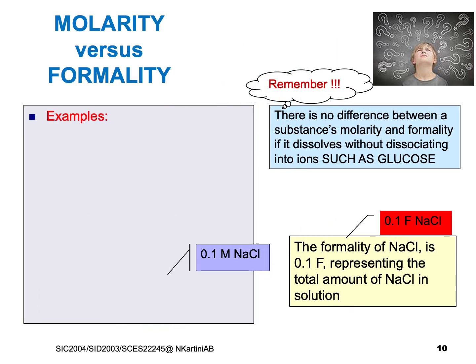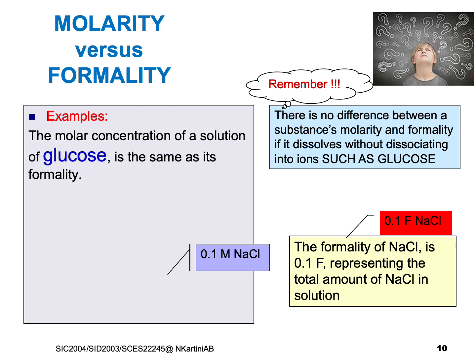To make it clearer, in this example, we choose glucose. When you dissolve glucose in water, the molar concentration of glucose and the formality of glucose are the same, because glucose dissolves in water without dissociating into ions.